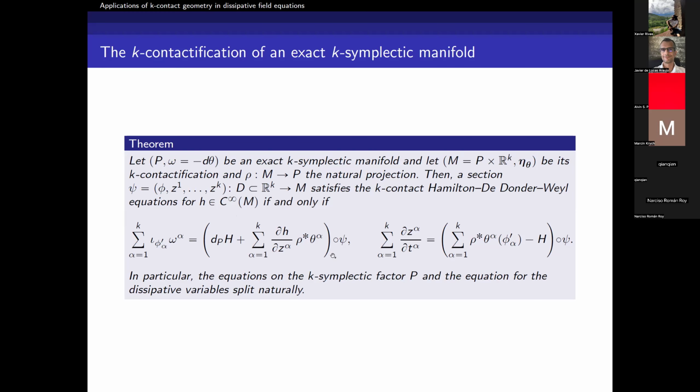If and only if they satisfy these equations. I think these equations are nice, because for some good Hamiltonians, they basically split the phi, which is the field on pi, and they split the dissipative quantities.